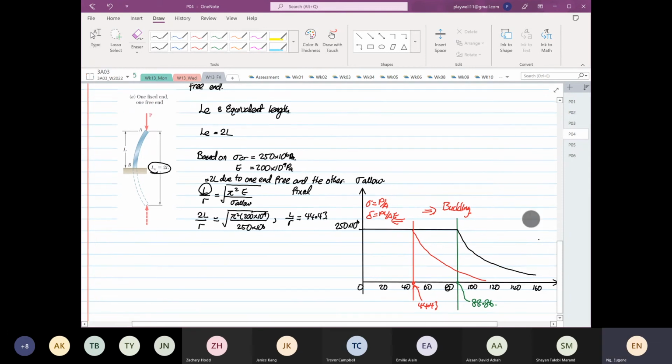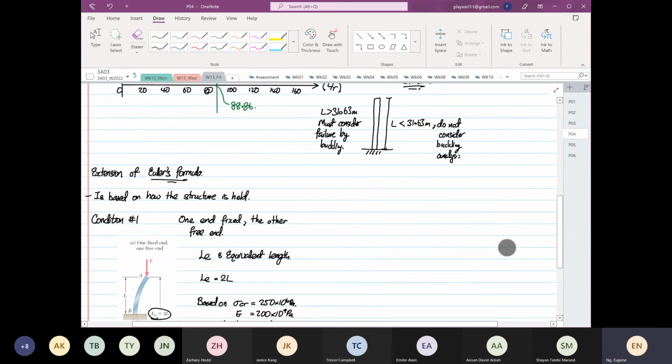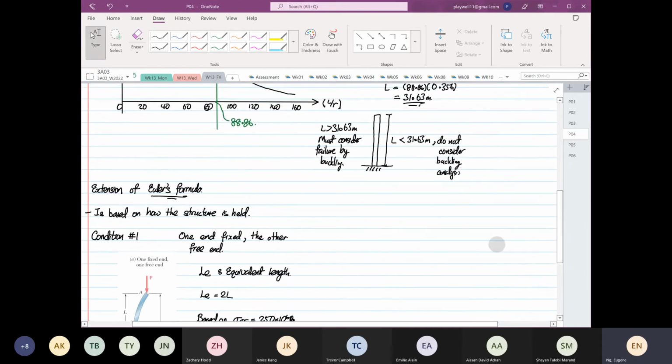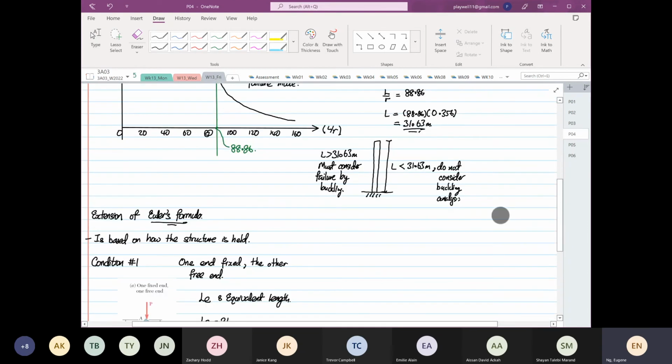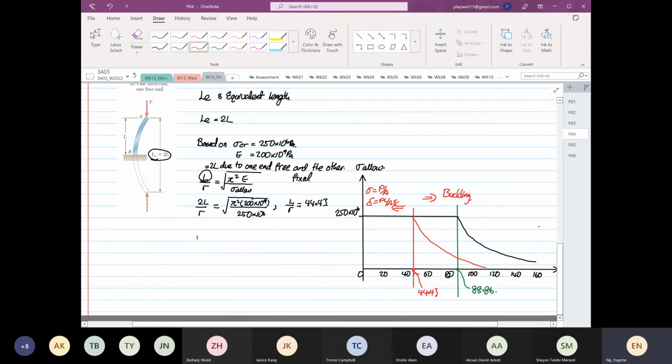So if we have the same example like we had before, where R is equal to 0.356 meters, our L will be equal to 44.43 multiplied by 0.356, which is equal to 15.817.